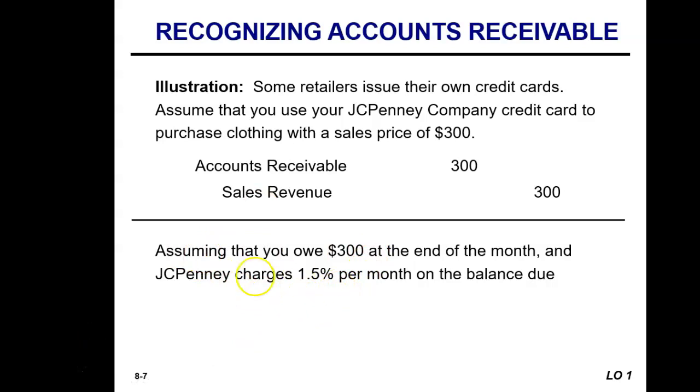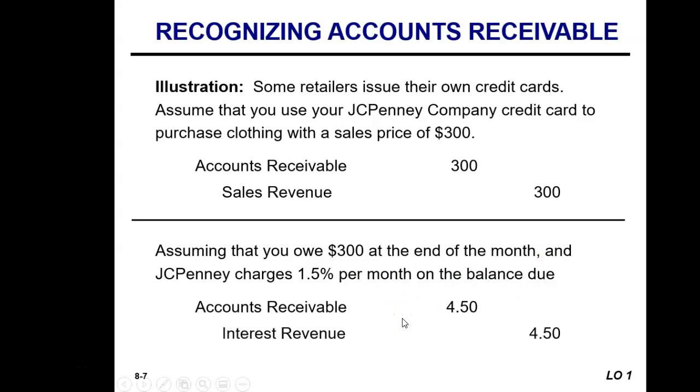We're going to assume that with the JCPenney card, the interest is 1.5% of the balance due at the end of the month. So assuming the amount owed is $300 at the end of the month, you take that times 1.5%, and they recognize an accounts receivable of $4.50 for the interest they're going to receive from the credit card transaction and record it as interest revenue.